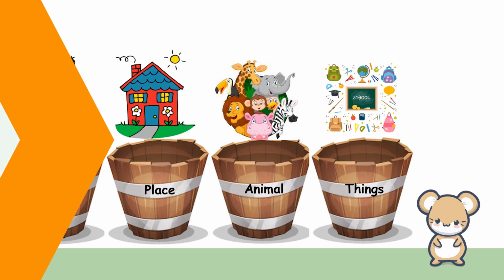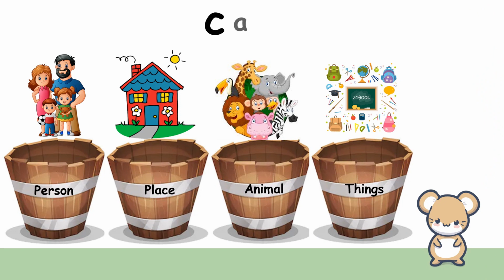Here we go. Cat. Does this look like a place? No, it's an animal. Bat. Oh, it's the flying bat.